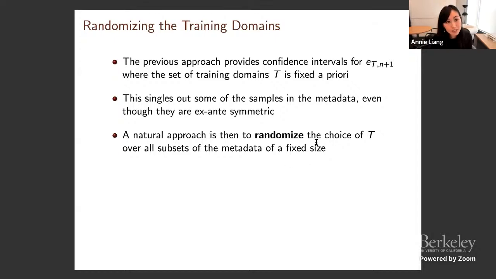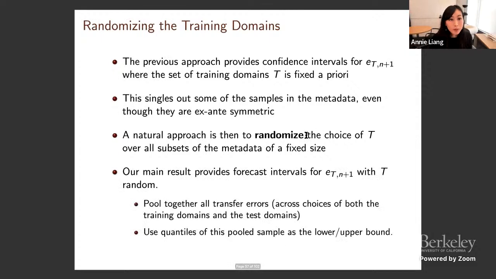We're going to pick a fixed size, and we're going to randomize over all possible sets of training domains of that fixed size. Right. And our main result provides confidence intervals for the transfer error on the target sample when the set of training domains is itself random.